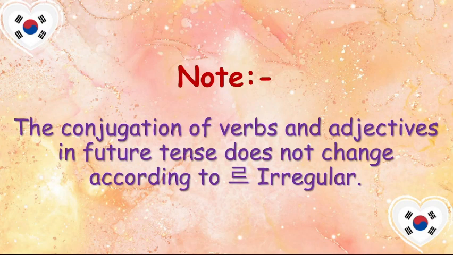Okay, now we know that while conjugating verbs and adjectives in the future tense, the ending does not start with a or o, and therefore irregular is not applicable on the conjugation of verbs and adjectives in future tense, right? This is according to the rule.